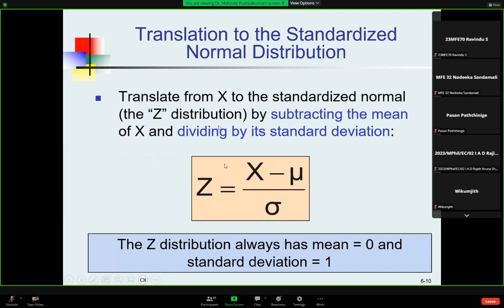Now this is the formula you can use to calculate z value. Z is equal to value of x minus population mean divided by standard deviation.